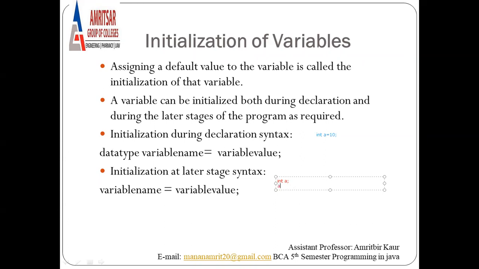So here we will write a equals 10. In initialization at a later stage, we first have to declare our variable. Here I cannot write b equals 10, it will generate an error. So firstly we have to declare our variable and then we can assign a value, and we can also assign a value at the time of declaration.